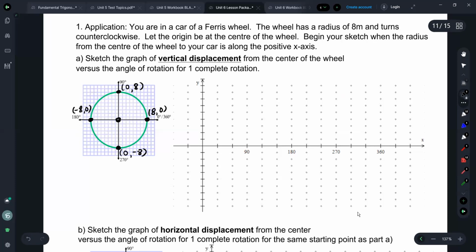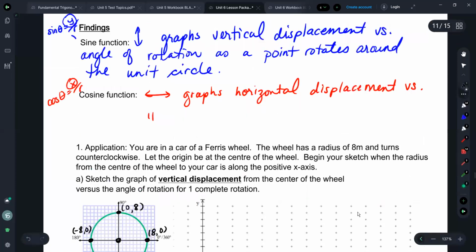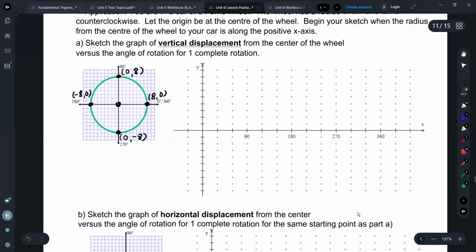Okay, perfect. If we're graphing vertical displacement, are we interested in the X coordinates at these points or the Y coordinates? For vertical displacement, the Y's. So I'm going to highlight all the Y's because that's what I'm interested in tracking for the vertical. So 0, 8, 0, and negative 8. That's what we will look at.